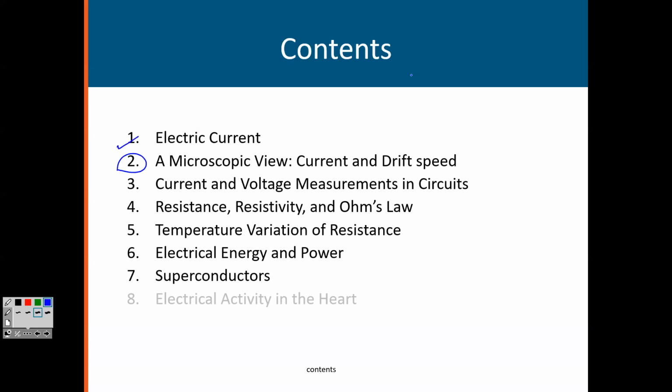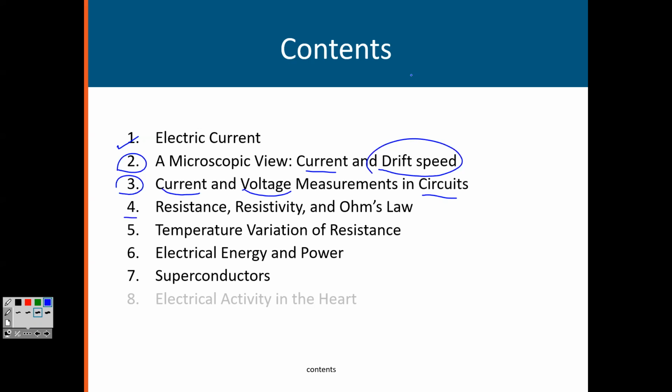So then we look at the speed of the charges, because current is actually nothing but flow of charges, movement of charge. Section 3, we'll introduce current and voltage measurements in circuits. Current can be measured, and voltage, the potential difference between 2 points in a circuit, can be measured.